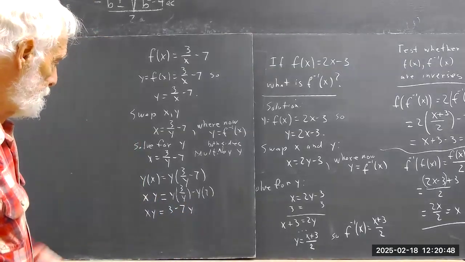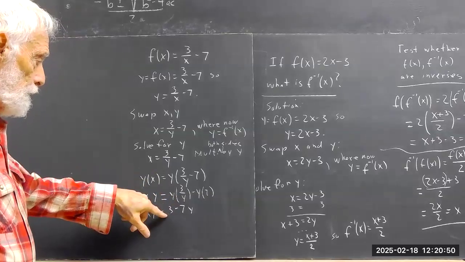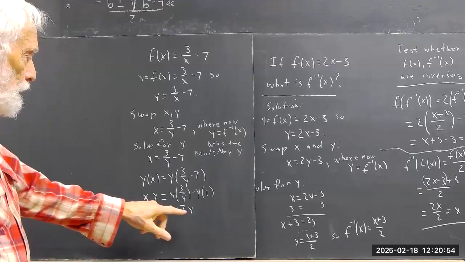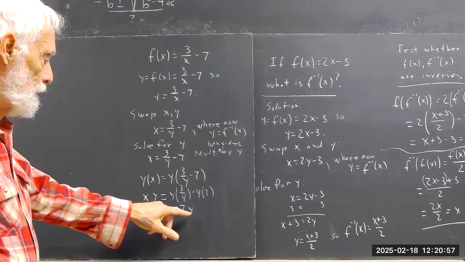And if we do that, y divides the y, leaving us with 3. y times 7 is 7y. Now we've got xy equals 3 minus 7y.